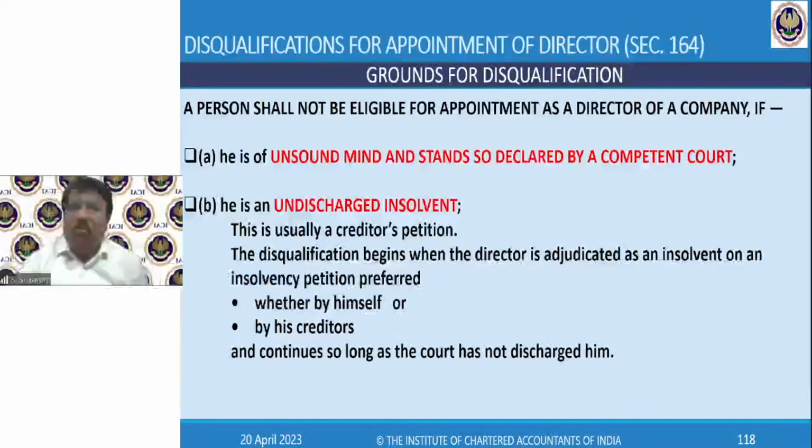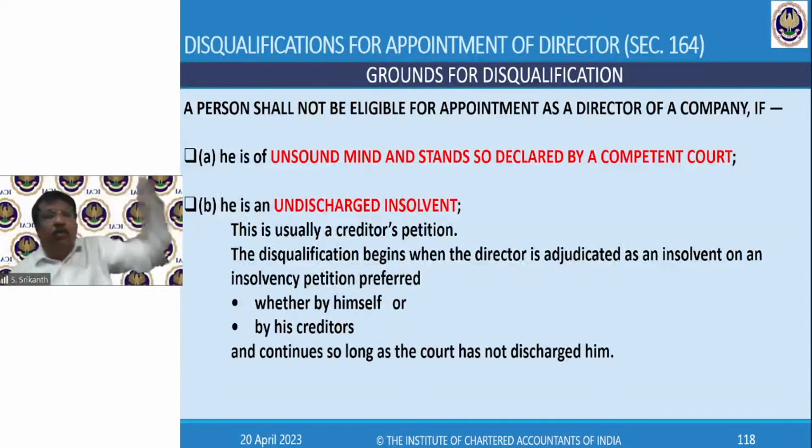First ground: he is of unsound mind and stands so declared by a competent court. A court of competent jurisdiction has declared him to be of unsound mind. What is this competent court?